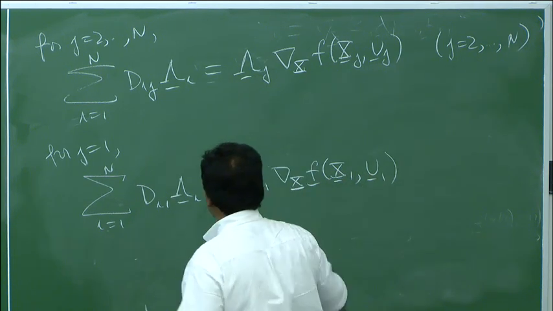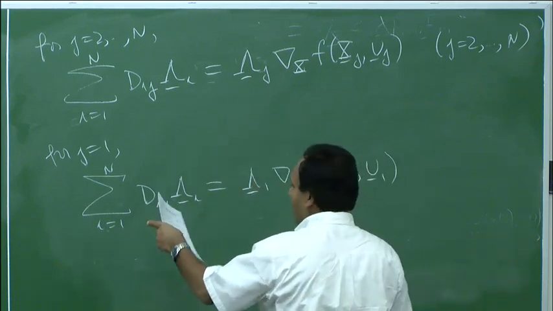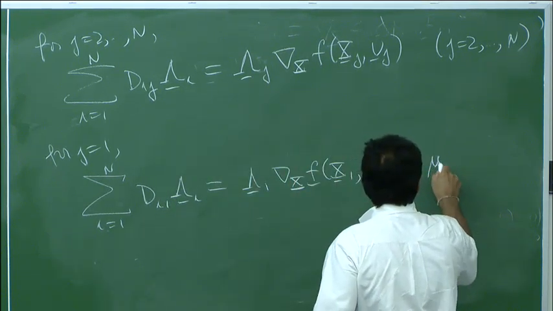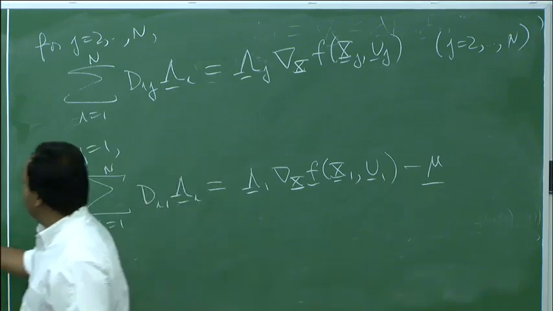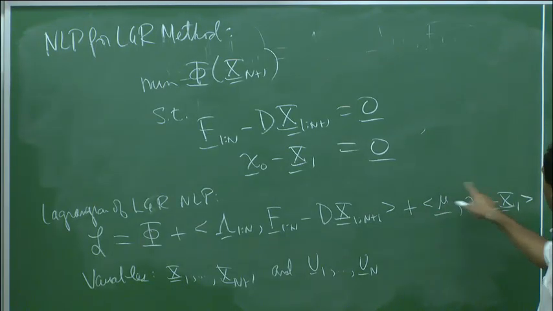That part is the same as what I got before. But there's another term there, which is mu. Because if I take the derivative here with respect to x1, I get negative mu, because there's an x0 minus x1. And this is for i equals 1.